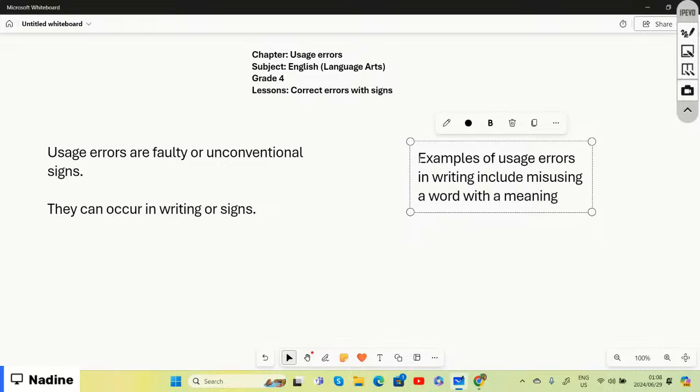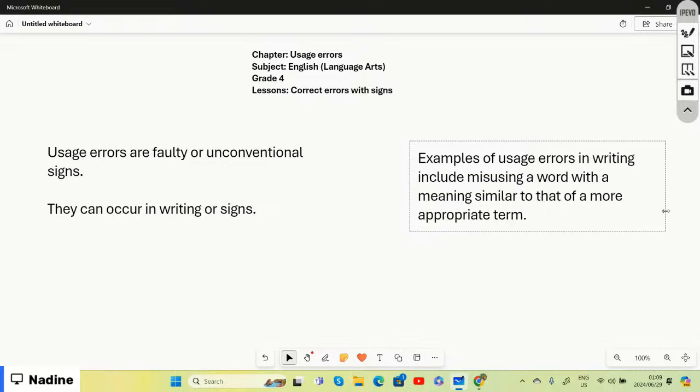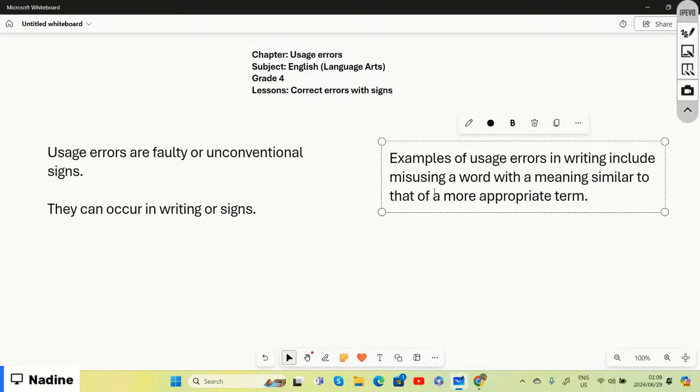Examples of usage errors include misusing a word with a meaning that is similar to that of a more appropriate term, right?